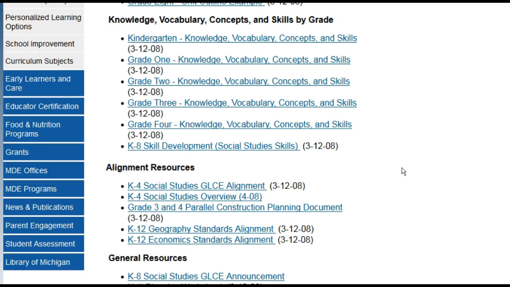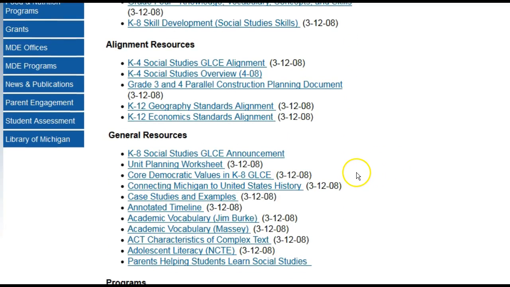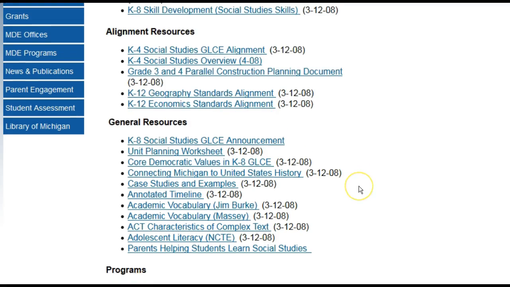Just be thankful there's people like me that make everything line up so that when you get a curriculum map or a pacing guide in a school district, it all meets these standards and you don't have to guess whether you are going to be teaching the standard or not. In here also are some general resources that you might want to look at down the road, and it's just a lot of really good stuff that we have available to us from here in the MDE.